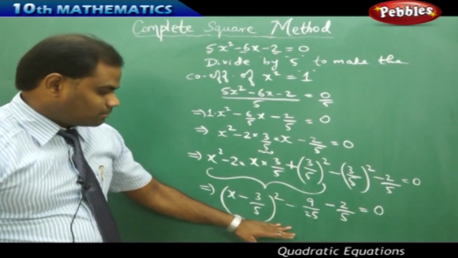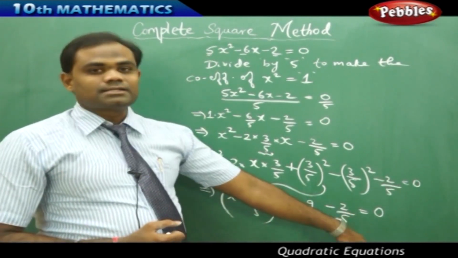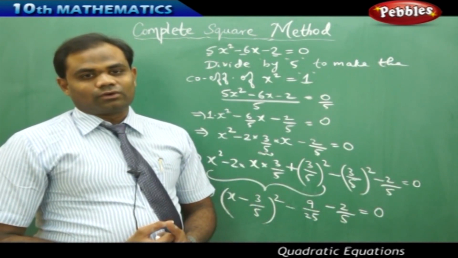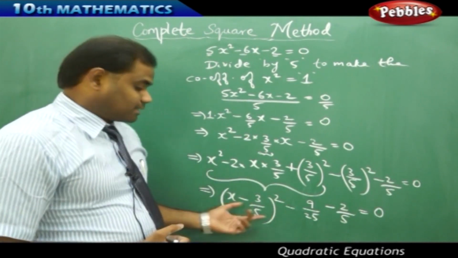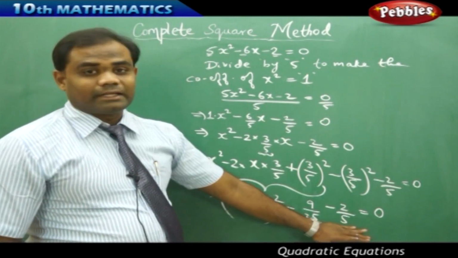So now this is where the perfect square is obtained. The next step is about taking LCM and finally simplifying for the value of x. So let's see how we can continue further from here by taking LCM.